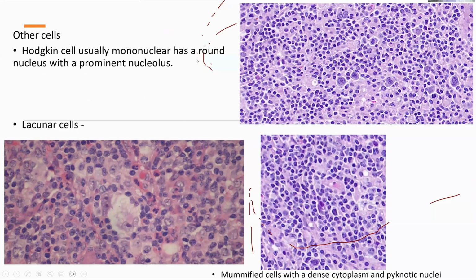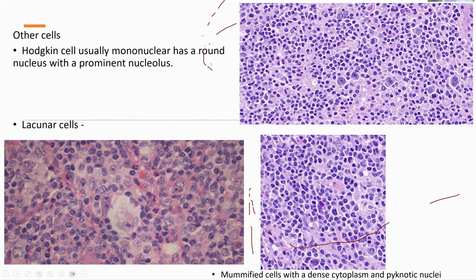But they are not the only cells that you can see in Hodgkin lymphoma. Hodgkin lymphoma also has the Hodgkin cell, or mononuclear Hodgkin cell. Similar to the previous one, but it is one round cell with one prominent eosinophilic nucleolus. We call it a Hodgkin cell.